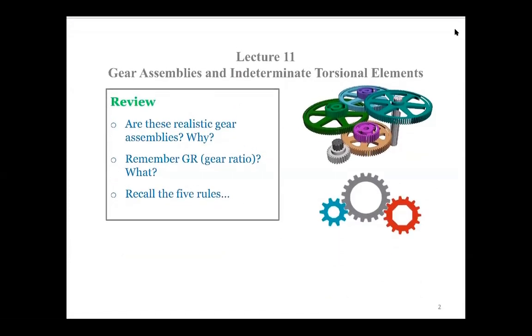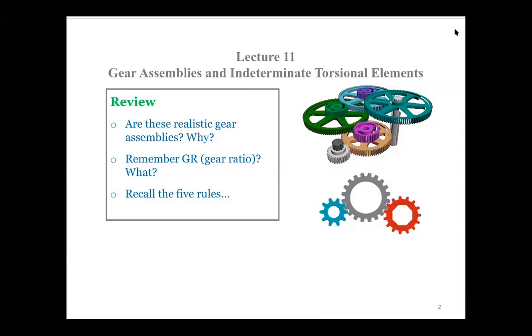Previously we talked about the gear assemblies and an important concept called gear ratio, and we also introduced the 5 rules. So what is gear ratio? You can only define gear ratio when 2 gears are directly connected to each other.